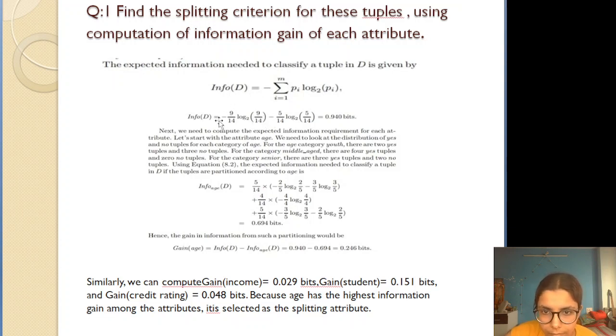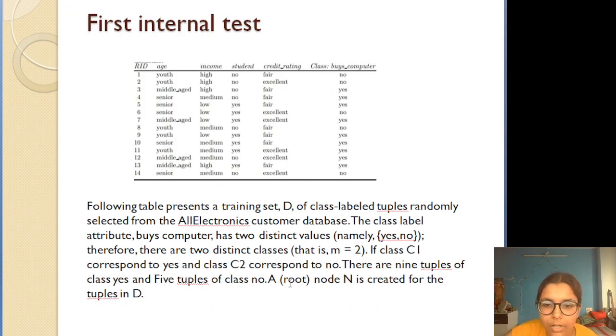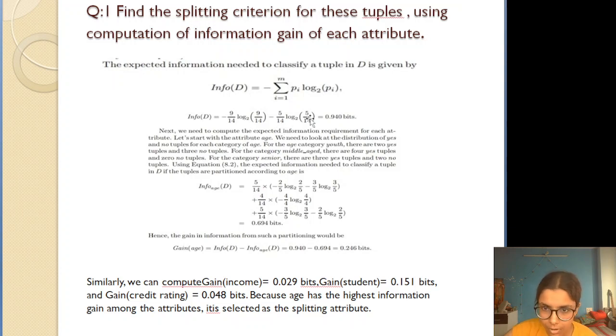Then 5 by 14, because our no was 5 times in our 14 records, and so we have taken 5 by 14 log 2 of 5 by 14, and this value came out to 0.940 bits. This is the expected information requirement, I mean, this is the generalized information that has been gained.